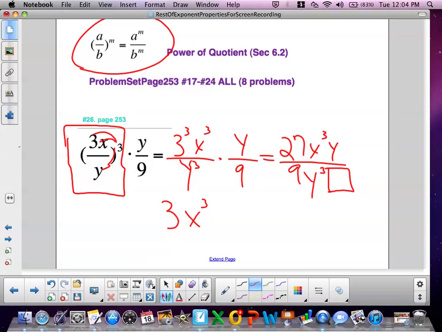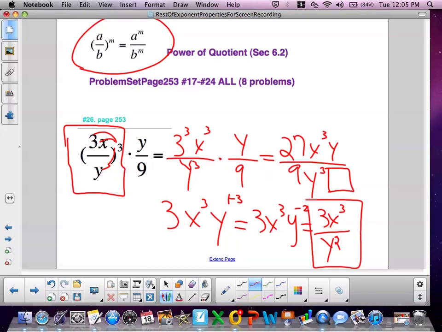And applying the last property, calculating the variable y, you could write y one time, and it's the top power minus the bottom power. So this looks like this, 3x cubed y to the negative 2. And if you're asked to rewrite this with positive exponents, your answer would look like this: 3x cubed on top, y to the second on bottom.